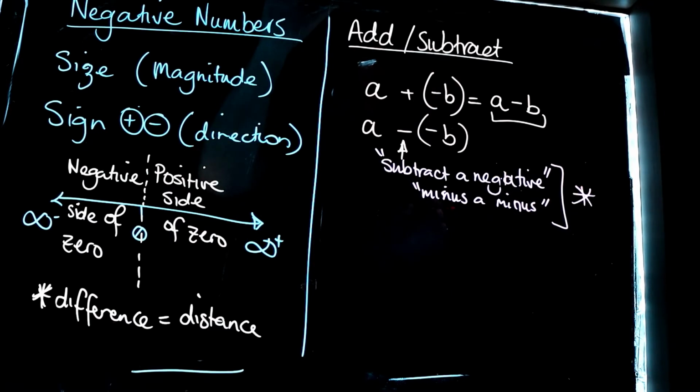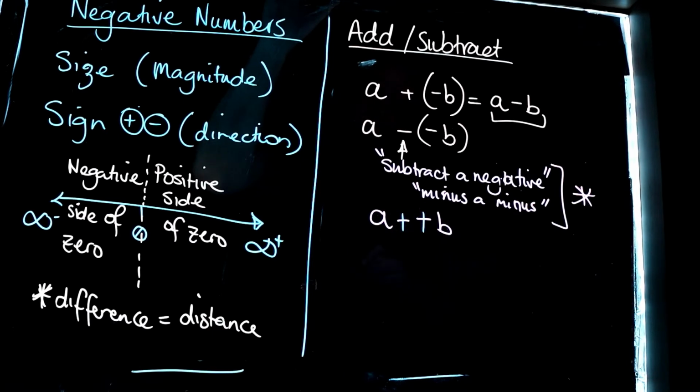And believe it or not, the steps are really simple. We're in a double negative situation, like I explained to you here. We've got A subtract a negative, any other number, who cares. The steps here are really simple. What we're going to do is actually add the opposite number.